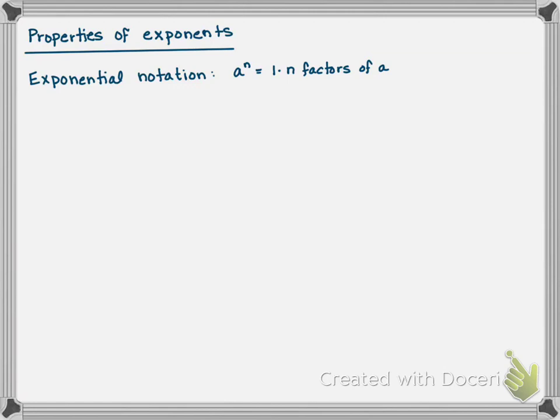The key to understanding the way that all of these rules work is that they all follow directly from the definition of exponential notation, or an exponent, as repeated multiplication. And so we want to think of this exponent as a counter. It just tells us how many factors there are.